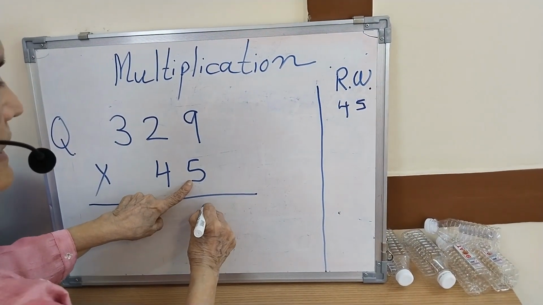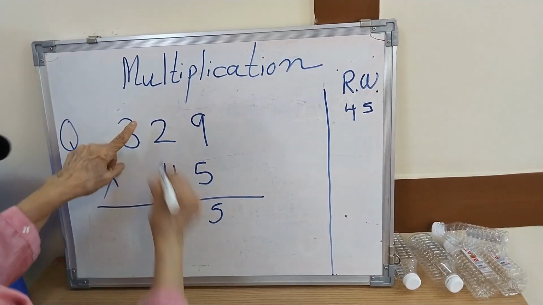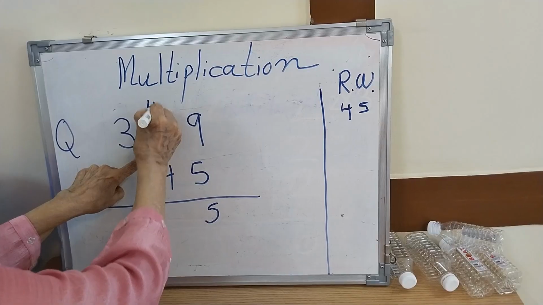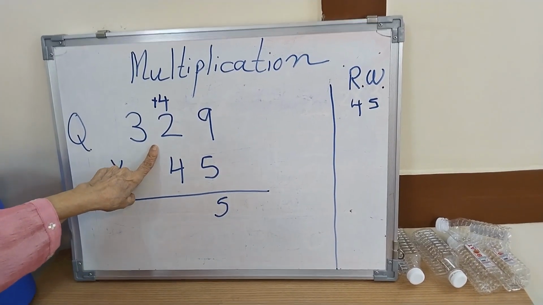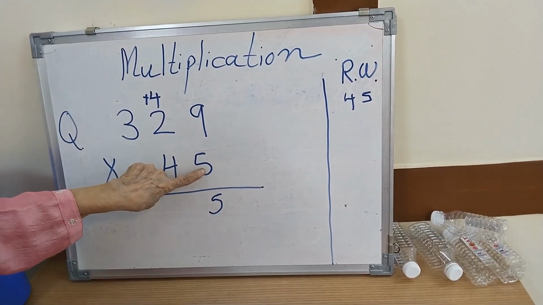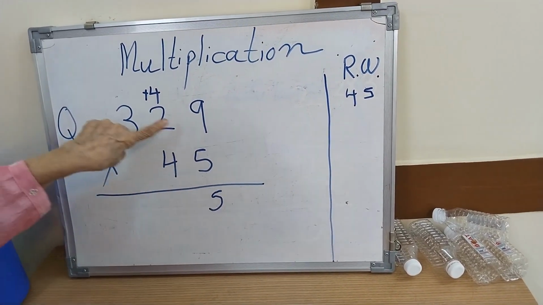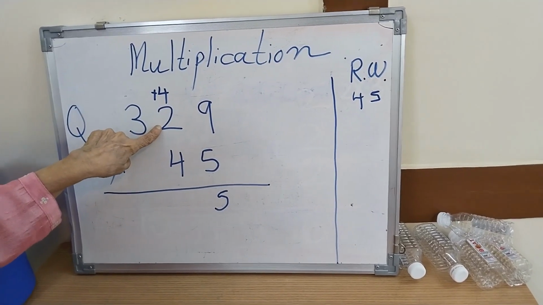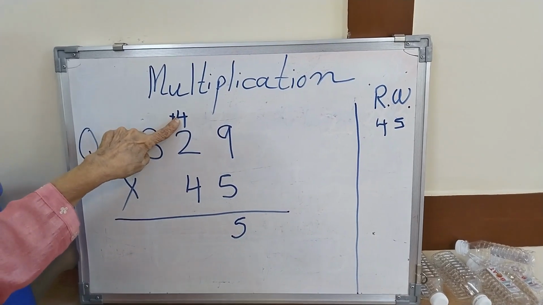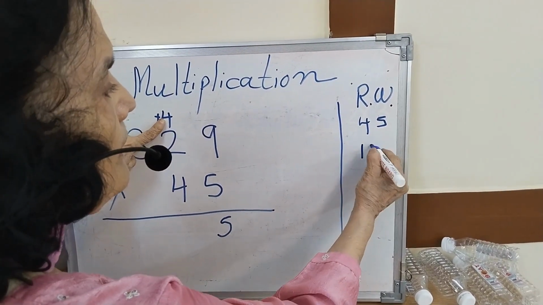So 5 number comes here and 4 number goes up. Here we have to write plus 4. Now, we will multiply 5 and 2. 5 2s are 10. 10 plus 4 is 14.